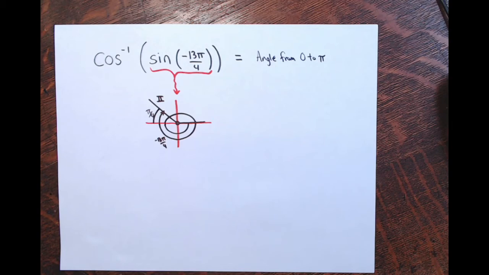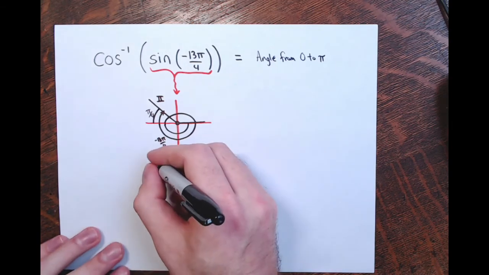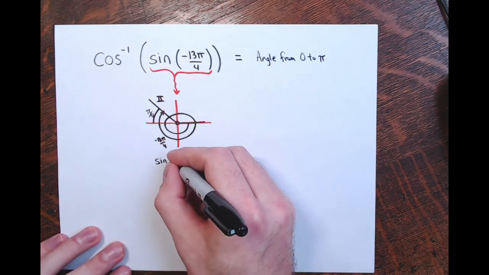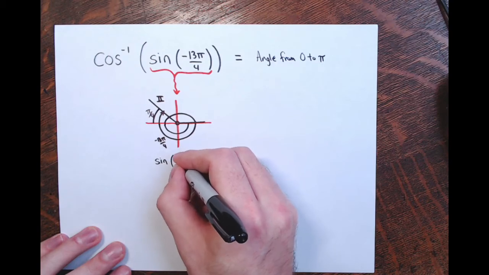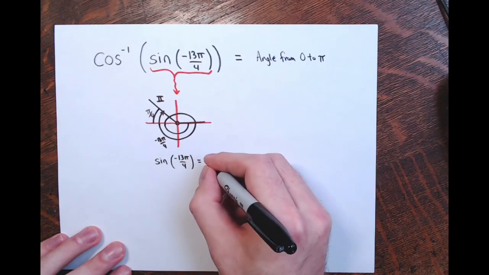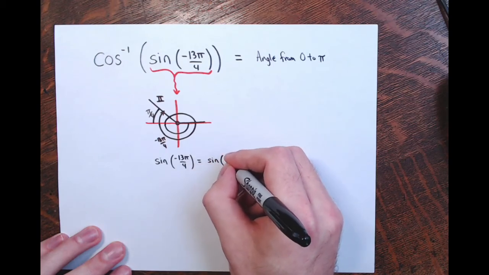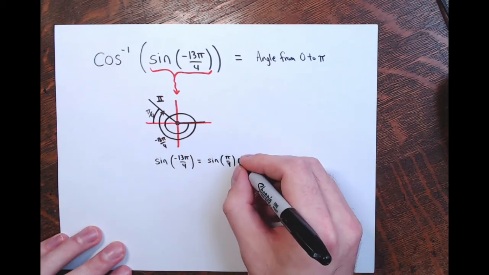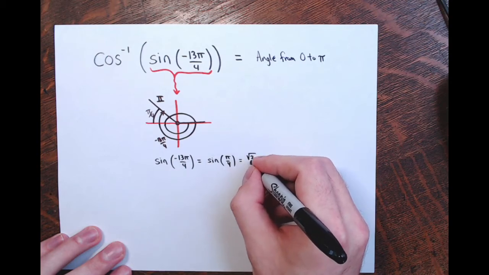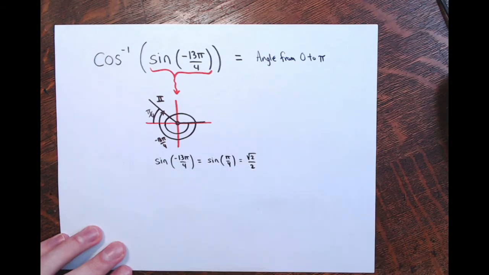So the sine of negative 13 pi over 4 will be positive the sine of the reference angle, which was pi over 4, and remember that was just the square root of 2 divided by 2.